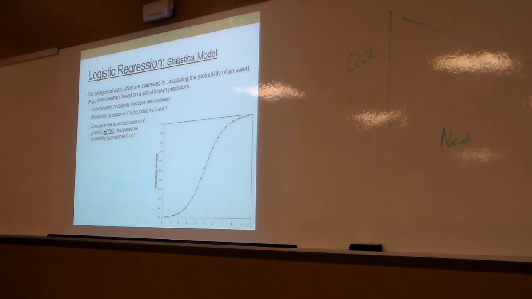And if the relation between my predictors and my outcome isn't linear, I can't use a linear model, because my linear model doesn't do a good job of accounting for this, right? And so what we see is that the distribution of the probability of being in one group versus the other, given a set of predictors, often follows this logistic distribution, okay?